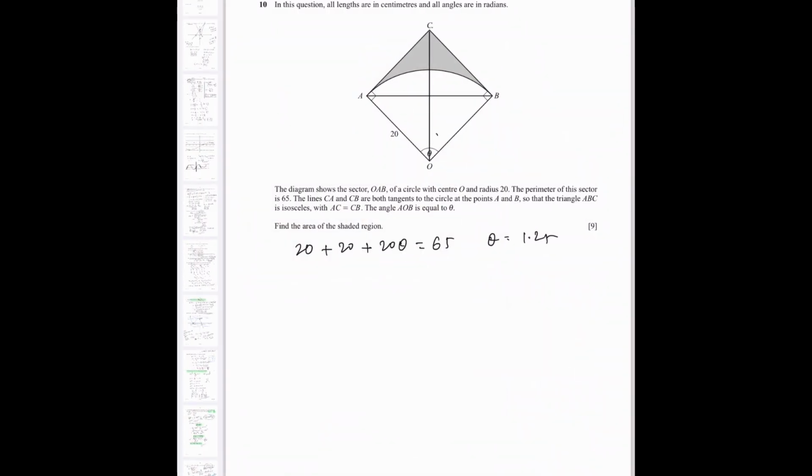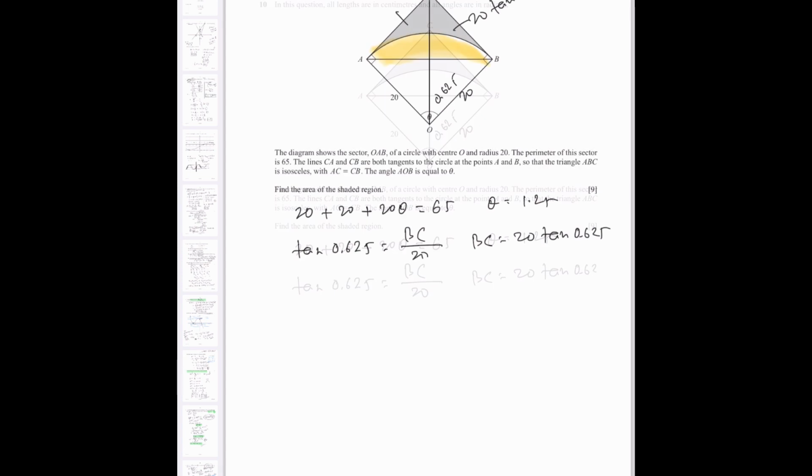This is 0.625. Now the hypotenuse is 20, opposite by adjacent, so sin 0.625 equals BC by 20. So BC equals 20 sin 0.625.